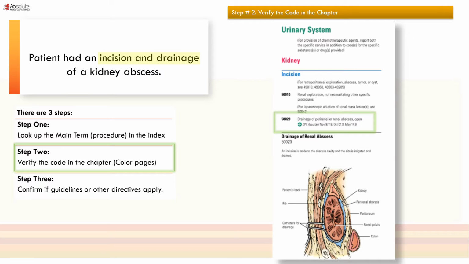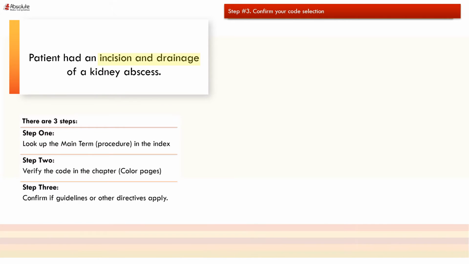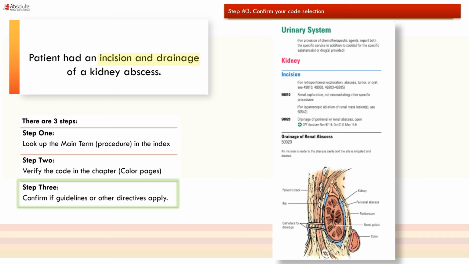Now we have to check if there's any guidelines or other directives that apply. So there is no parenthetical guidelines directly under this code stating that we need to be directed to another code. So what I'm going to do is just kind of confirm it like this. I'm going to look and say, okay, we're in the urinary system. Kidney is definitely the urinary system.